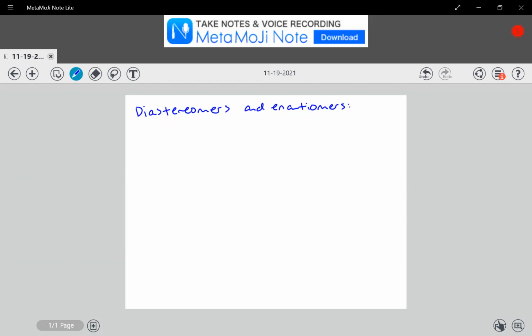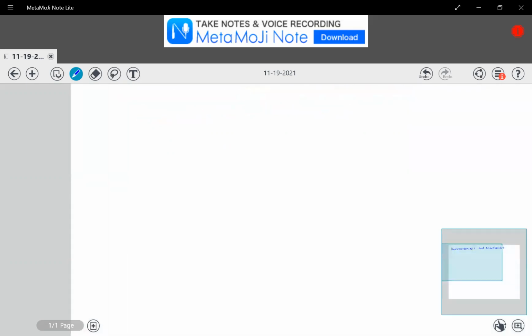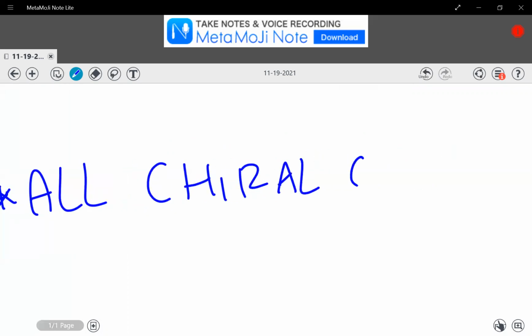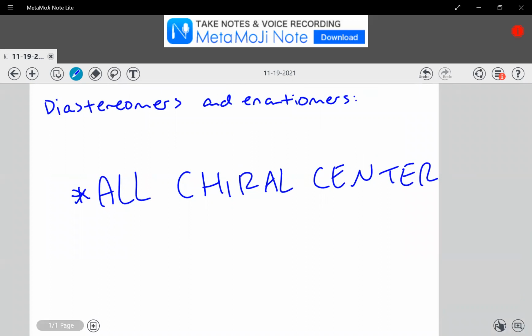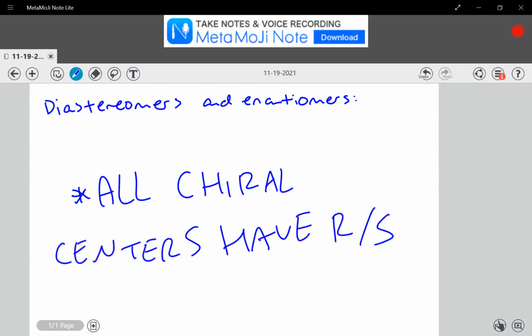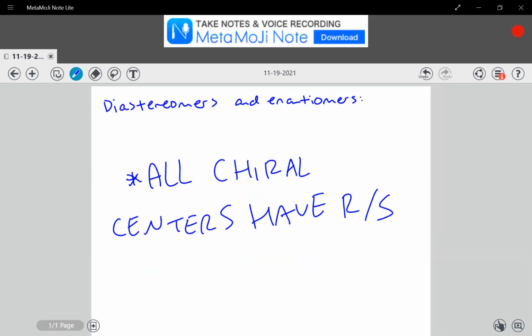Every chiral center can have R and S assigned to it, but only diastereomers will have E and Z or cis and trans assigned to them. So maybe take a screenshot. All chiral centers have RS. All of them.